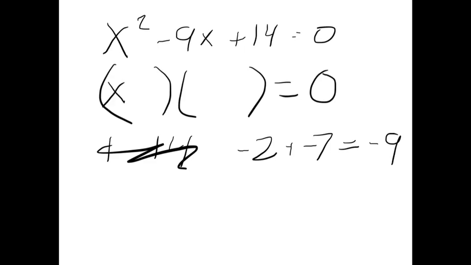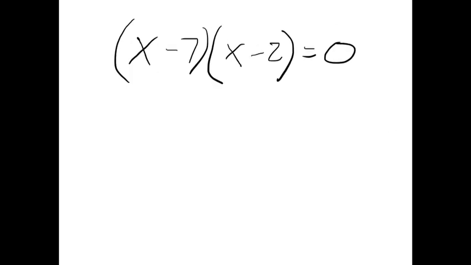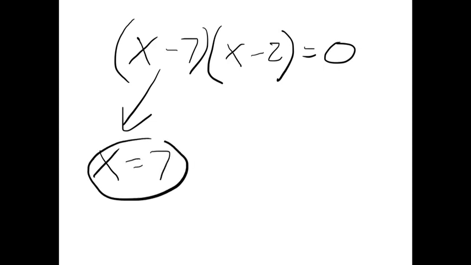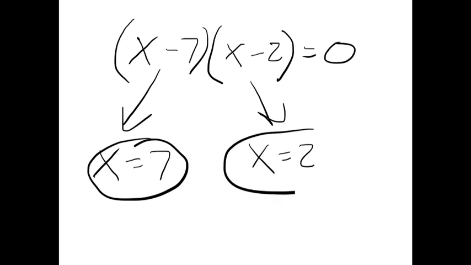So, x minus 2 and x minus 7 equals 0 is the factored form. And that gives us, here the x minus 7 means that I would plug in positive 7. So x equals 7 is one of the answers. And here, x equals 2 is the other answer.